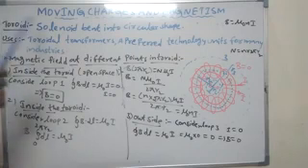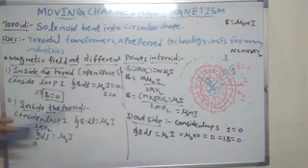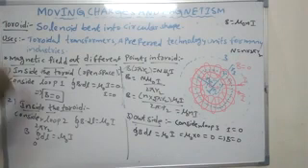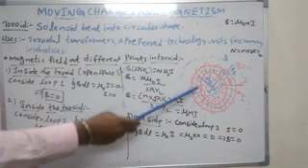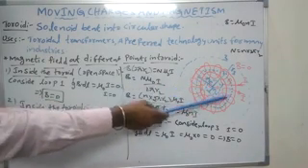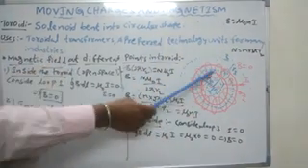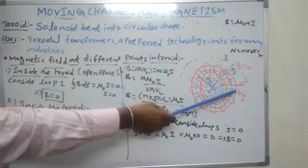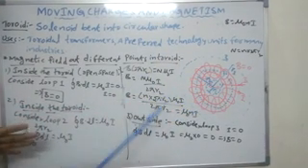But in the case of a toroidal transformer, very little magnetic flux leakage takes place, approximately 0. Why? Because in the case of a toroid, the magnetic flux is completely sealed and packed, and no air medium enters into it.